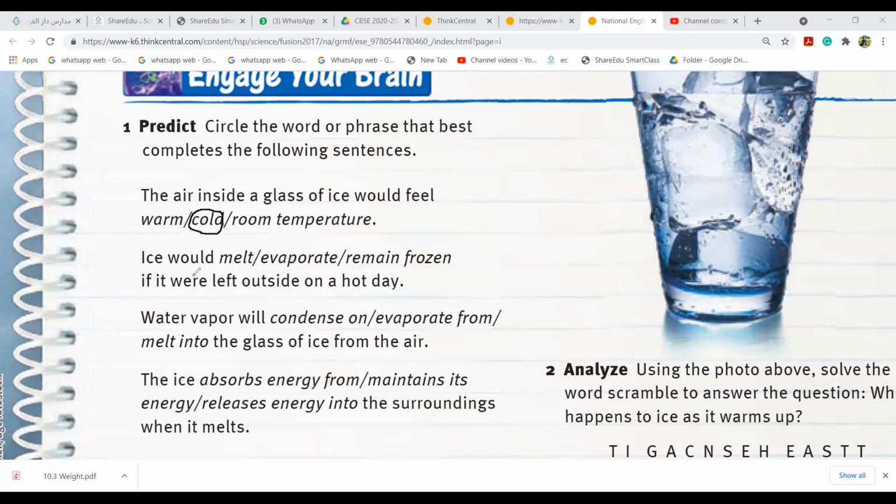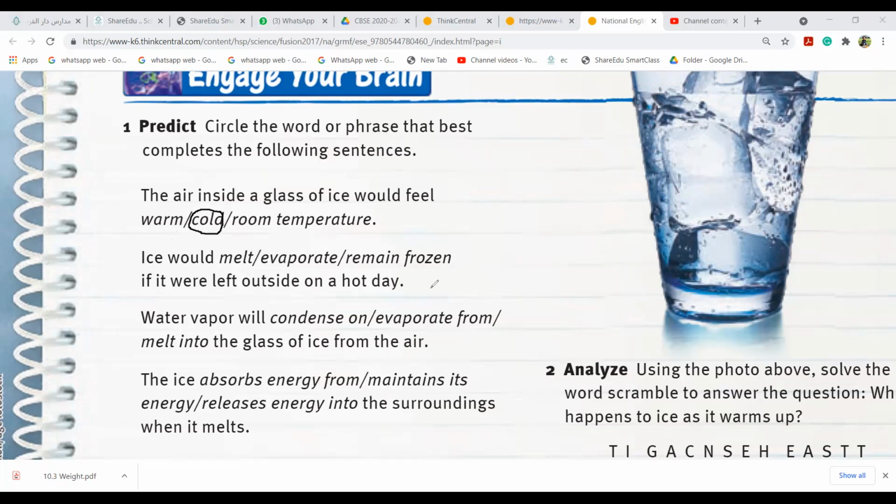Now, would ice melt, evaporate, or remain frozen if it is left outside on a hot day? Zishan, choose one.